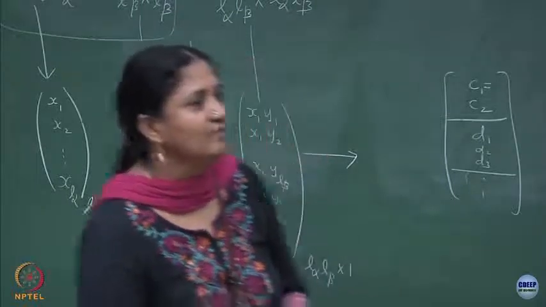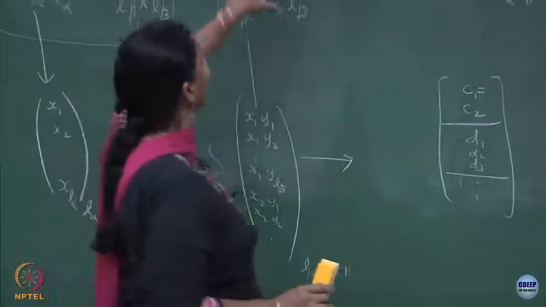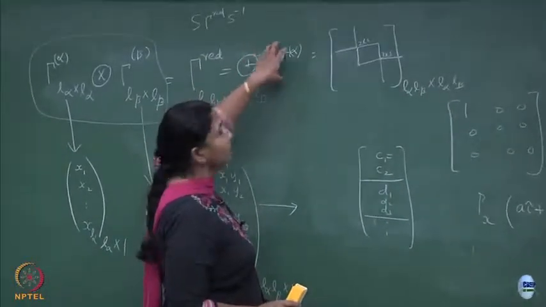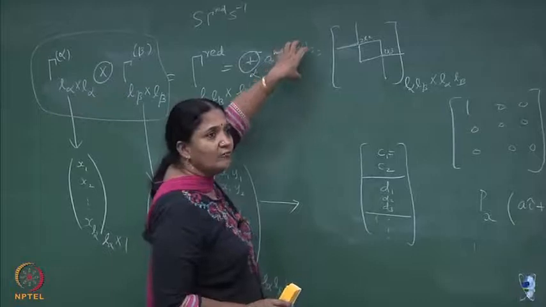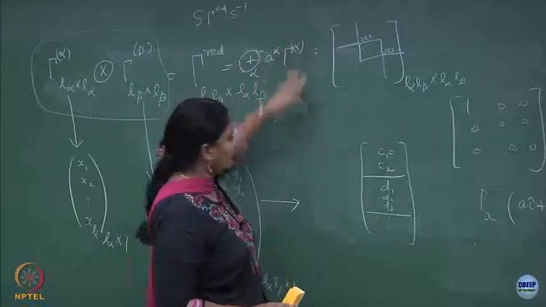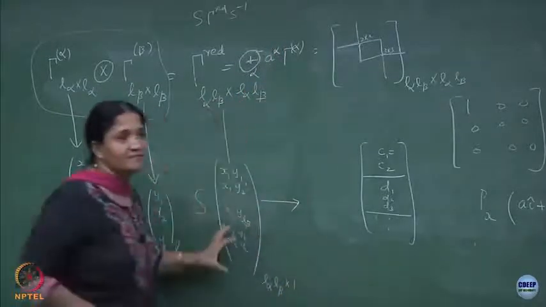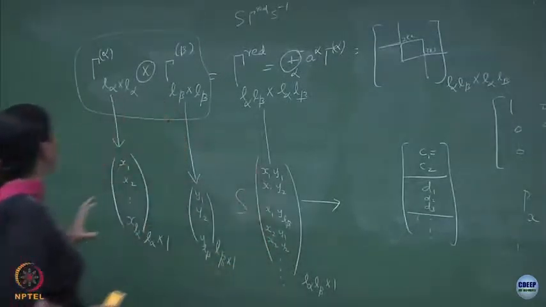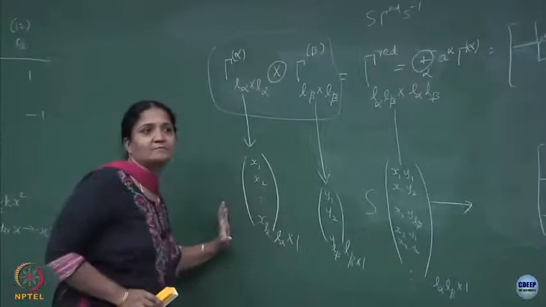Why am I doing this? I want to find a projection operator which, when it operates on this basis, will be for different irreps.